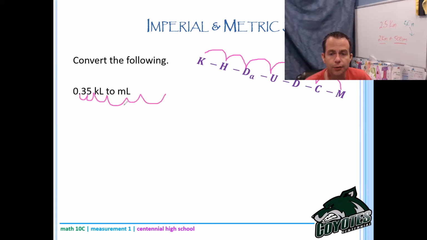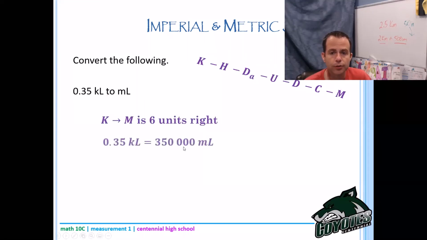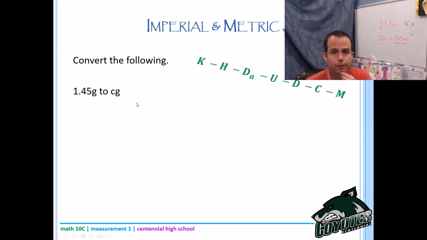Anytime I create a little hole there, those are going to be filled in with zeros, okay? So I end up with 6 units to the right, and that's going to give me 300,000 milliliters. So 0.3 kiloliters is the same as 300,000 milliliters, okay?